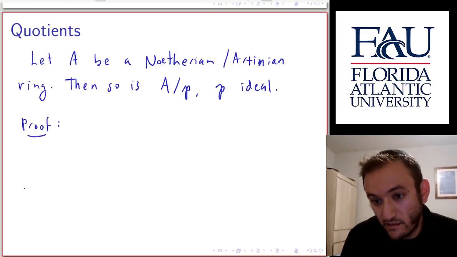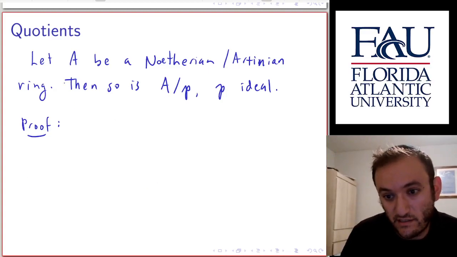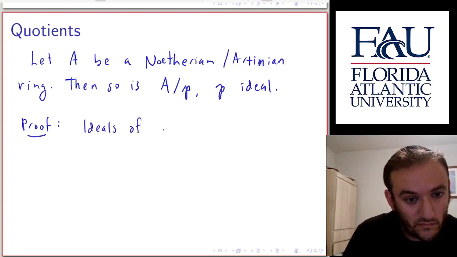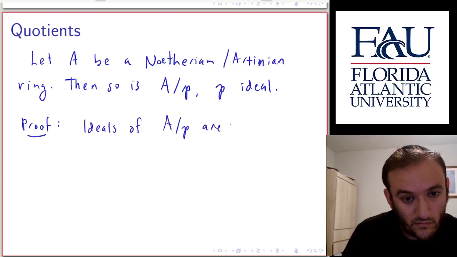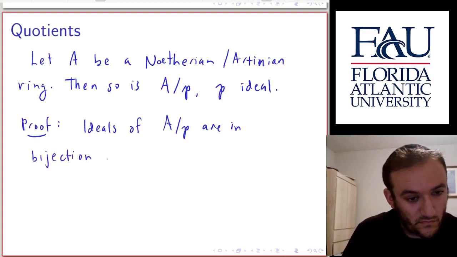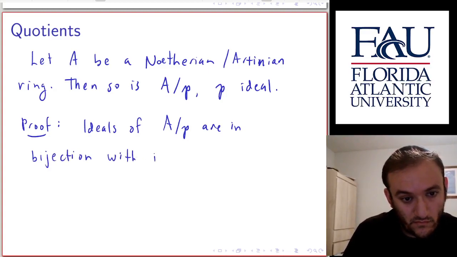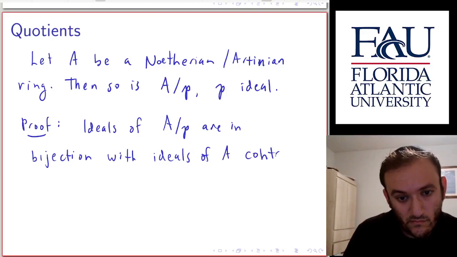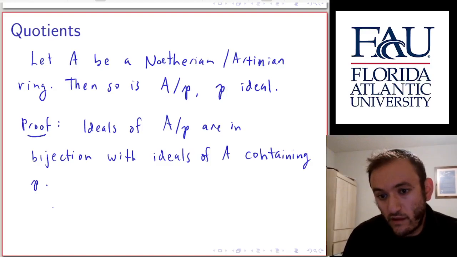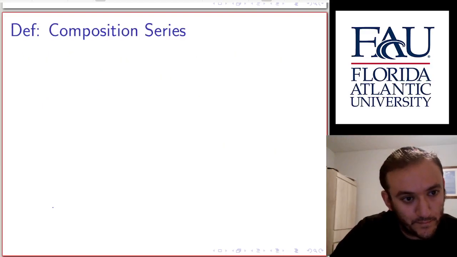Basically, the ideals of a quotient ring are in bijection with the ideals of A containing P. Okay, so if you have the chain condition satisfied for A, then passing to the quotient will also be satisfied for A mod P. Okay.